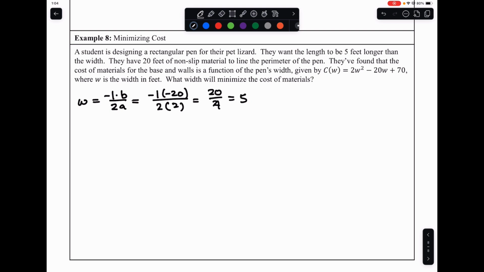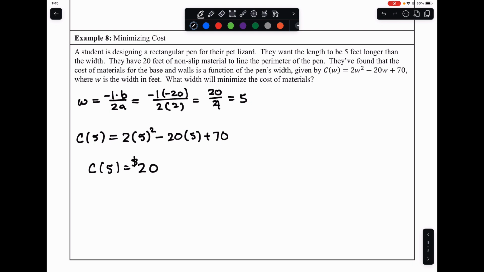Now that we know that, we can figure out what the minimum cost is by evaluating the cost function with the number 5. Okay, so this ends up equaling a total of 20.